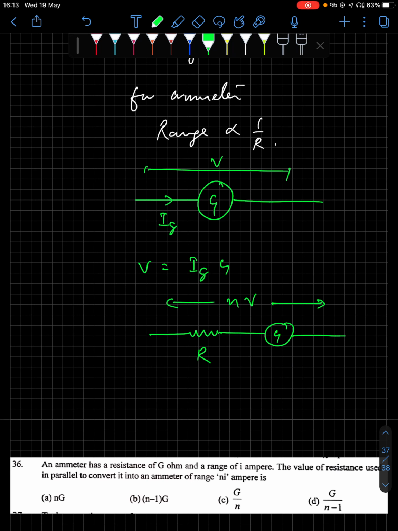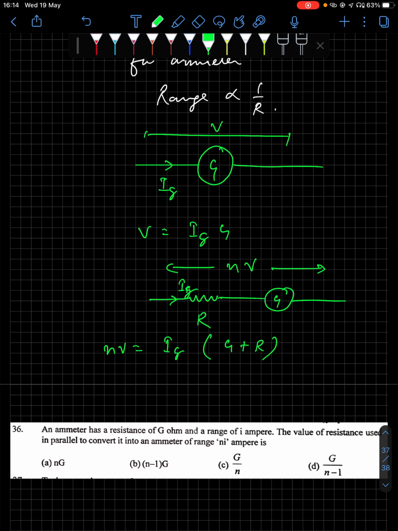Clear? So if you apply Ohm's law, then NV equals Ig. Current will be the same, isn't it? Series circuit it is. Current will be the same as the previous. Ig into, now what is the total resistance? G plus R or R plus G. What is the value of NV?